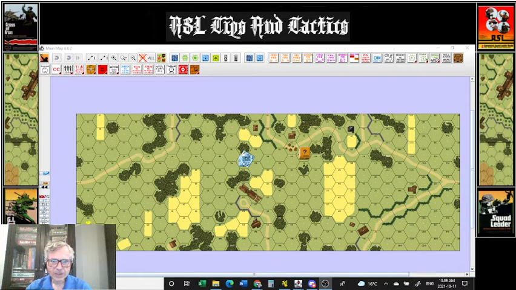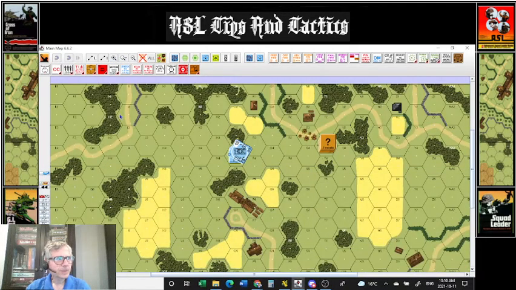We're both in a Vassal room, and I put up the example that I showed in the previous video. I'm just going to enlarge it here. So basically, what I did was I wanted to demonstrate vehicular bypass.